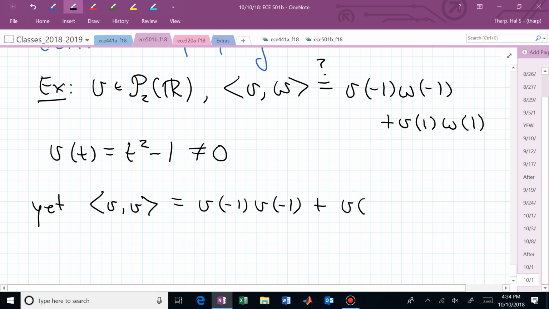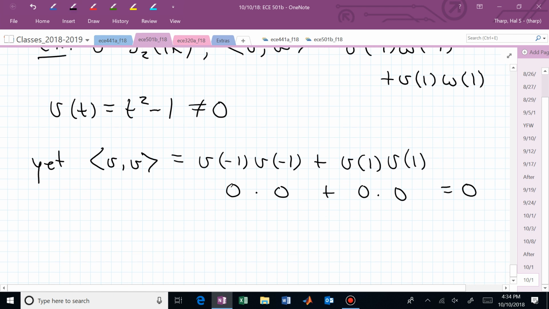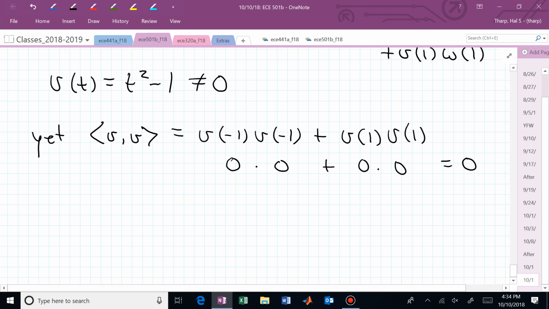I'm just making sure you guys are awake. What do I get? At minus 1 or 1, it's always 0, isn't it? So now I have 0 times 0 plus 0 times 0, and that's equal to 0. So I really am getting a 0 inner product when my V is not identically the 0 polynomial, or the 0 vector in P2.